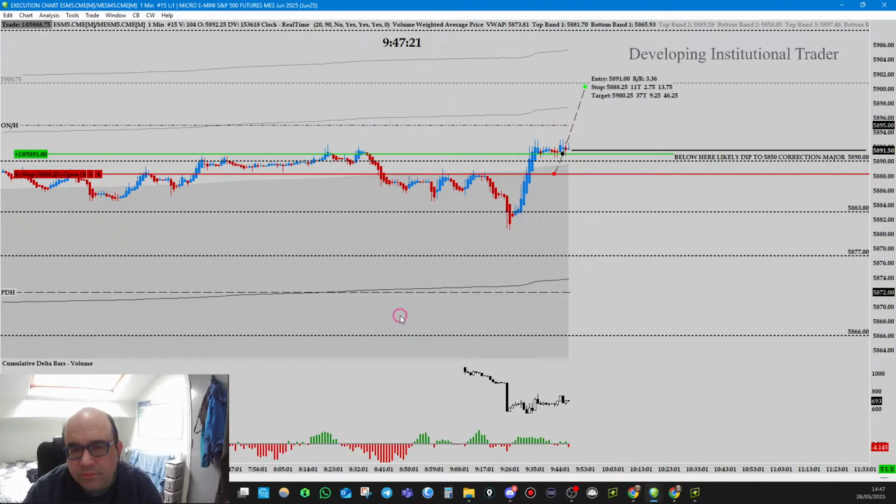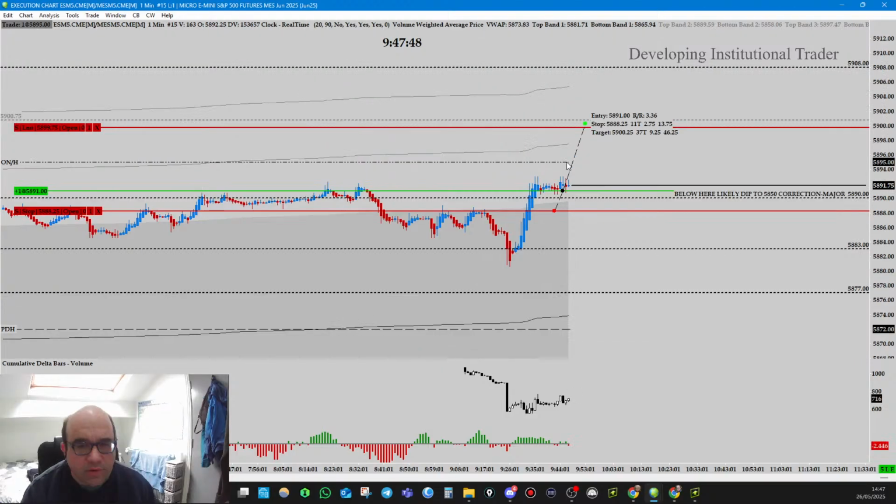My first target to the upside, if we break the overnight high, which is this one, the next is around 59, which is the CVA low and the quarterly. Then trail it from there.